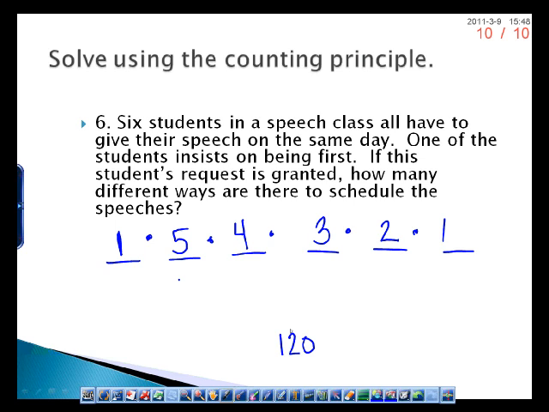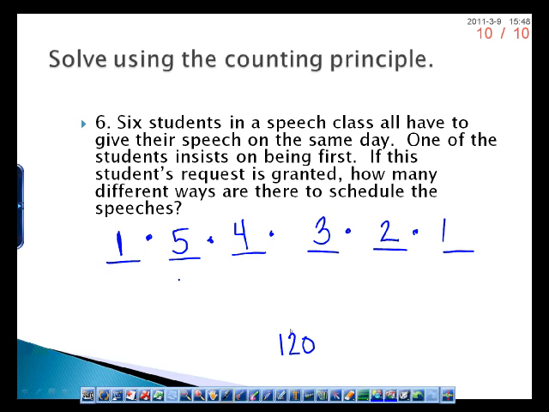Say you have 6 people right here, Alex, Haley, Claire, Hannah, Sheila, and Josh, and we're all standing about to get in line for the speeches. Once Haley is chosen to go first, how many people are left to go second? And then once Alex is chosen to go second, how many people are left to choose from to go third?